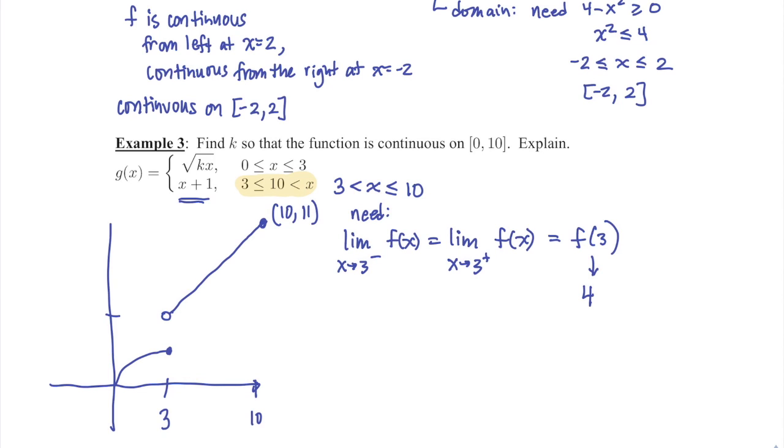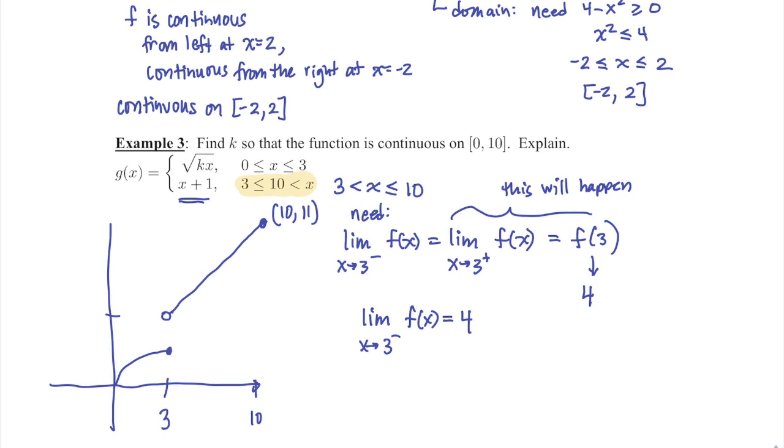And it was already the case that the limit for x going to 3 from the right was going to be equal to f of 3 because that's the way that second branch was going to work, right? It's linear and 3 was included in the domain for that branch, so that will happen. No problem. It's just we need to worry about the limit as x goes to 3 from the left. We want to make sure that that is also 4, right? And that's what we'll need to manipulate this k value to achieve.